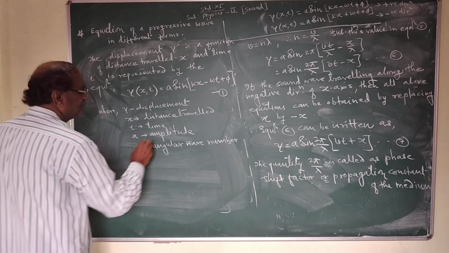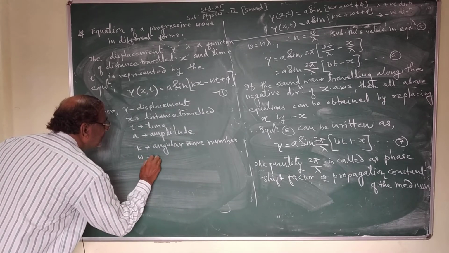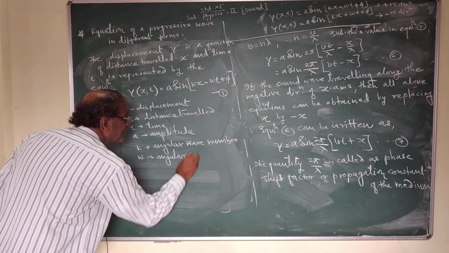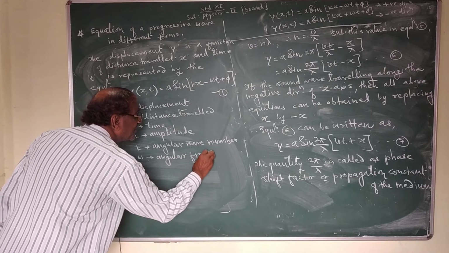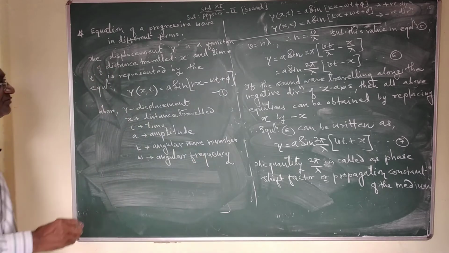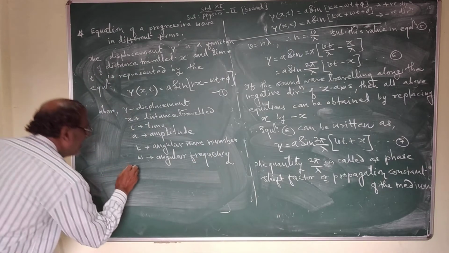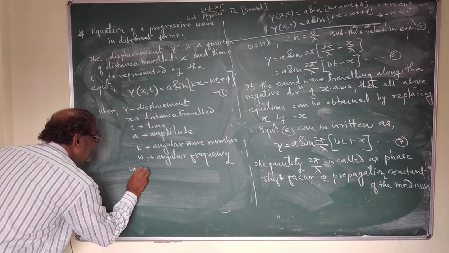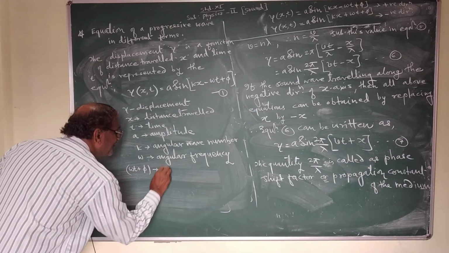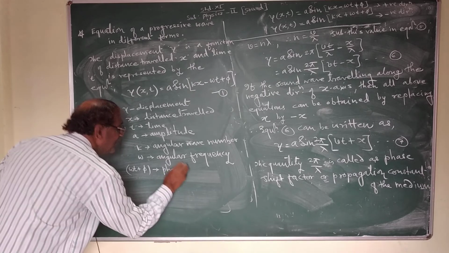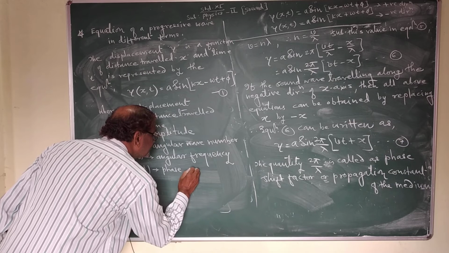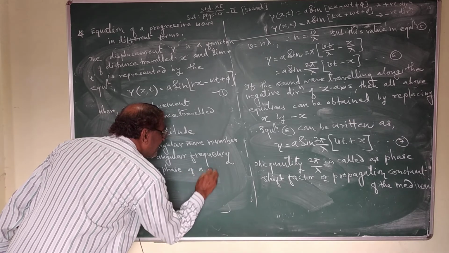Omega is the angular frequency, and omega t plus phi is the phase of a particle.